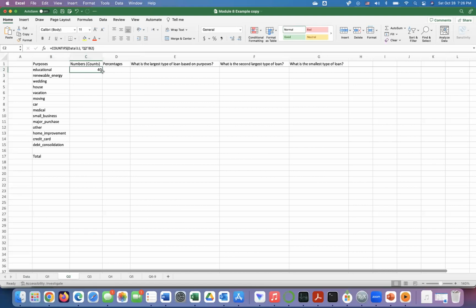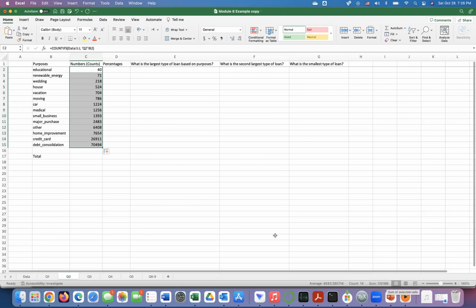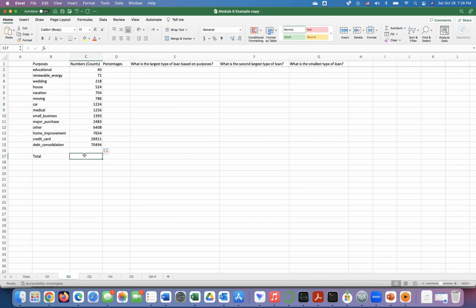And then I just drag it down. I see this. And then for the sum, I can easily see that the total is right here, 120,166. Or I can just do equals SUM and select everything. That's also one way to do it.